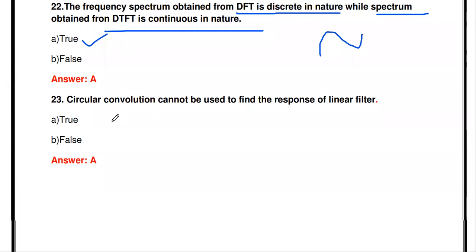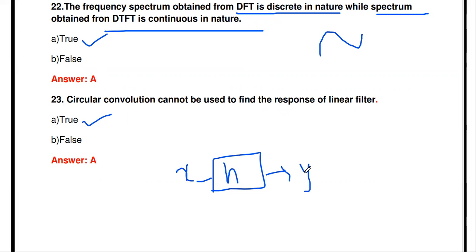Okay. The next one: circular convolution cannot be used to find the response of a linear filter. Yes. Okay. Linear convolution is for one system. If the impulse response h and the input sequence x are given, and we want to find the output y, then y is nothing but the linear convolution of x of n with h of n.